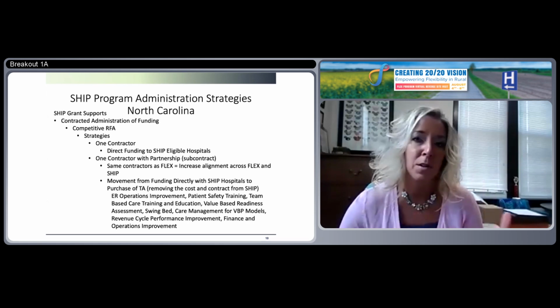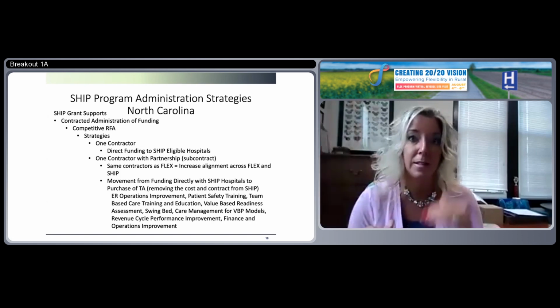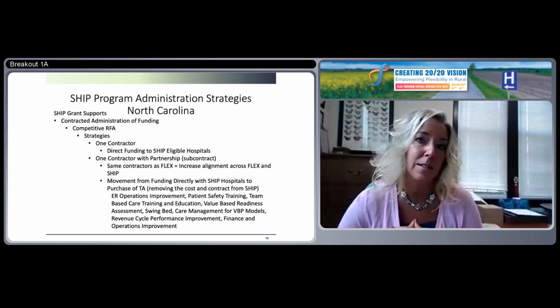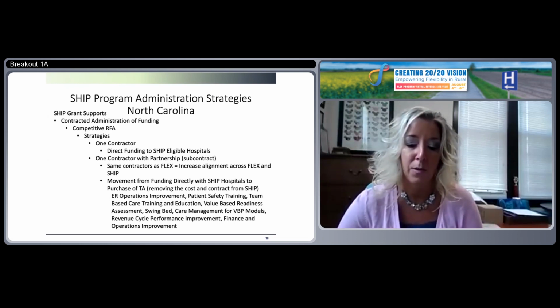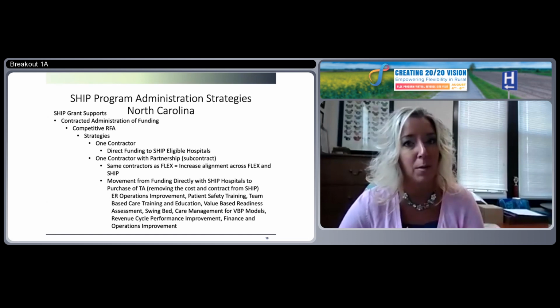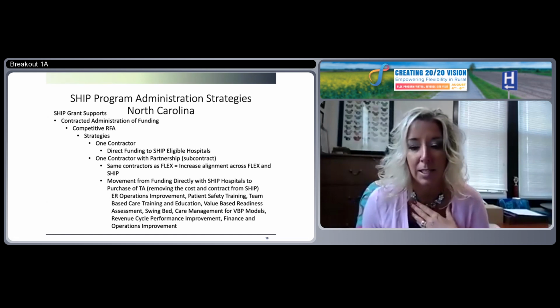But all those small rural hospitals have to do is pick 1 or 2 projects and raise their hand and say, this is what we want to work on. And we deploy the technical assistance to them so that we are contracting directly for all that. Now that's something we're just trying this year, and we'll see how they like it, but I'll let you know. All right, next slide.